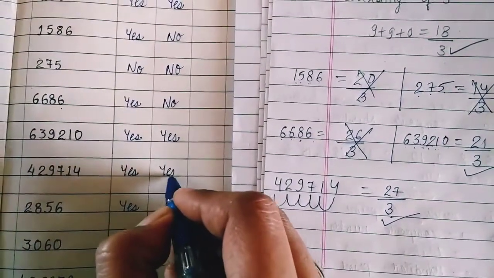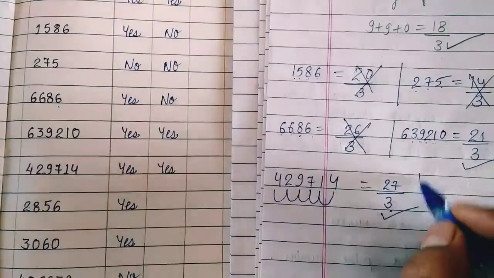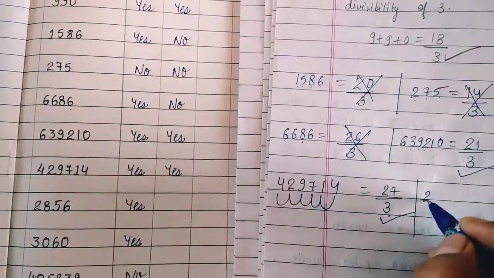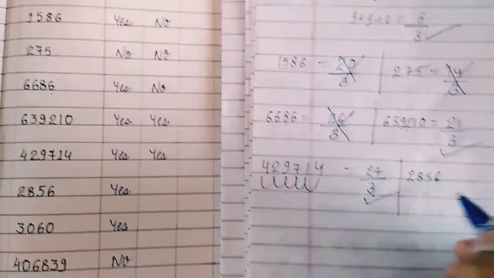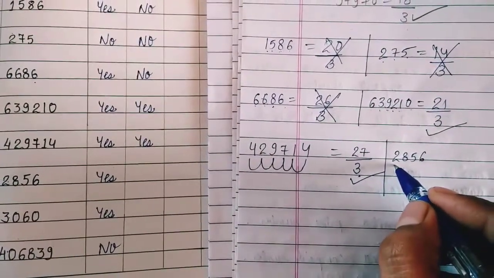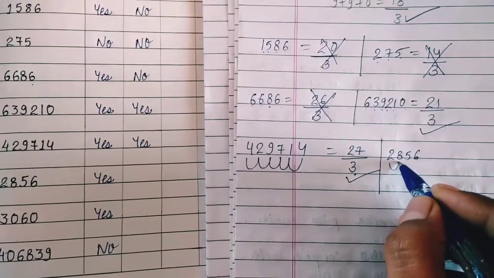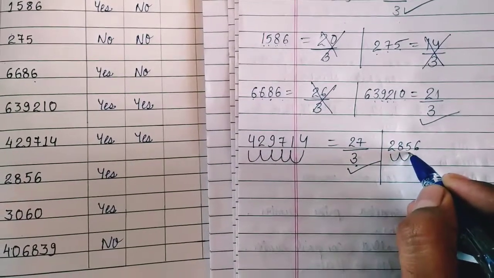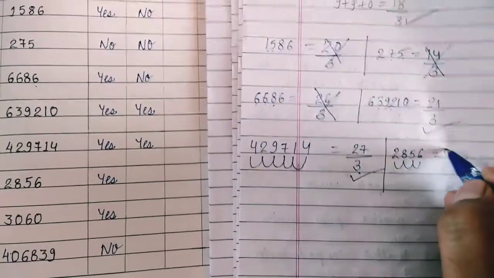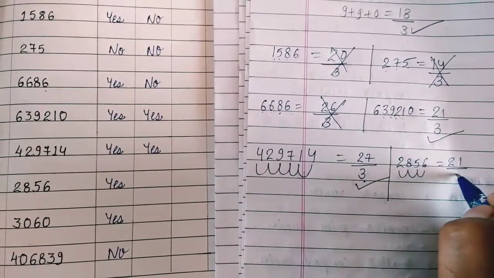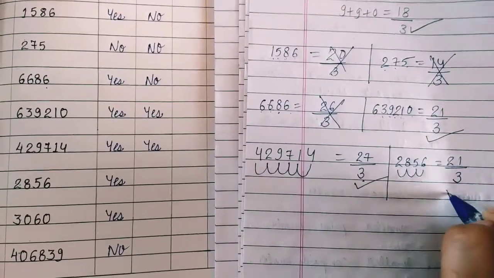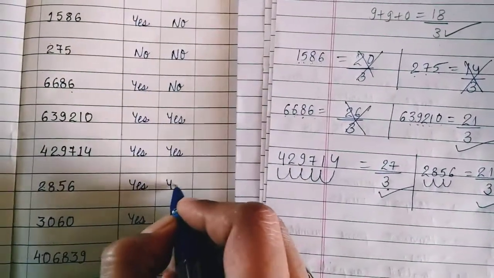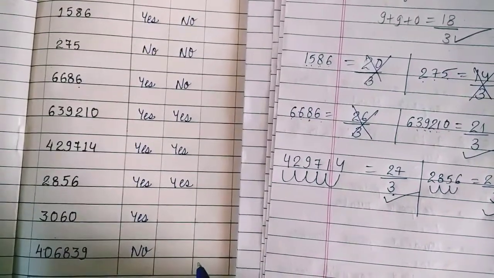So here we have to write yes. Then the next number is 2856. So simply we will add 2 plus 8, 10, plus 5, 15, plus 6, 21. So is 21 divisible by 3? Yes. So here we have to write yes.